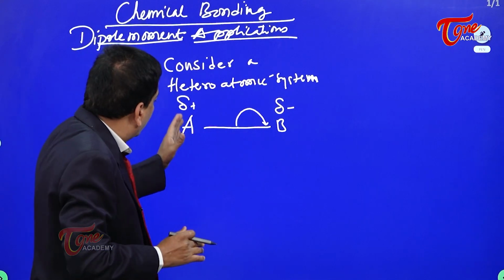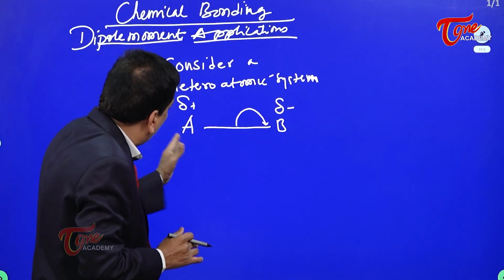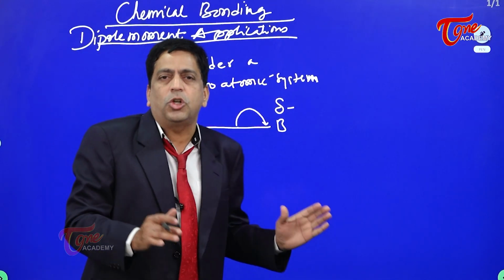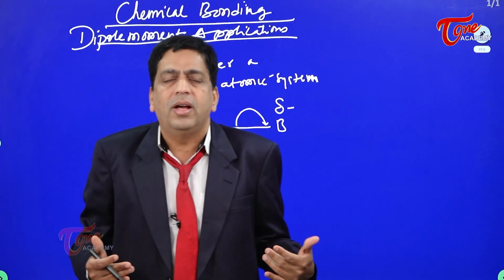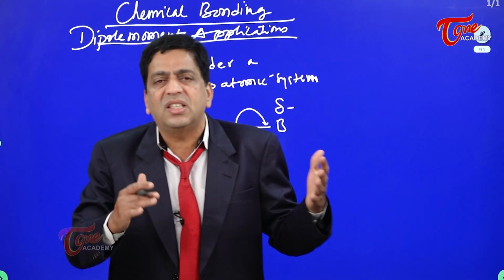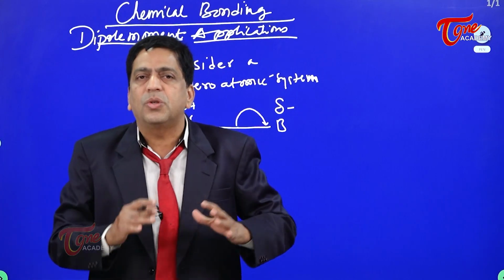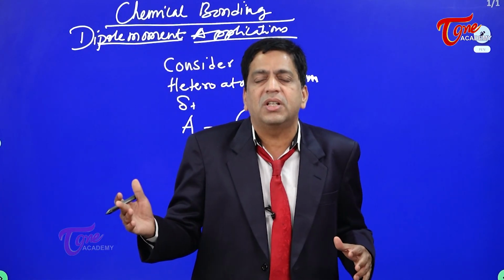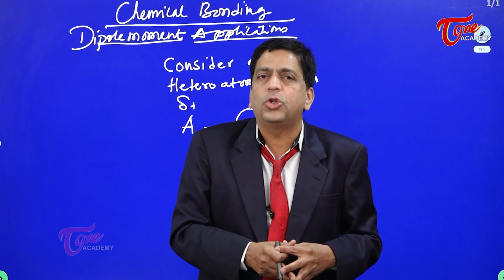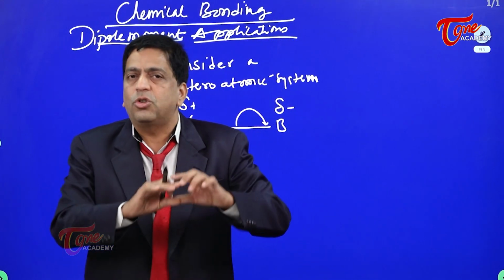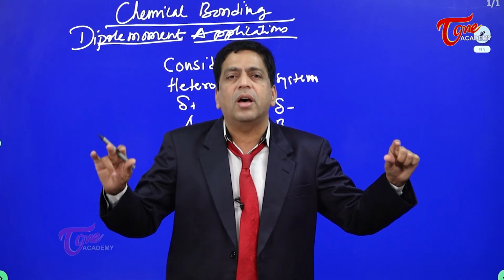That means that the electrons of A are not leaving its shell, and B is absolutely not gaining any electron. There is only a shift of these electrons towards B because B has greater electronegativity, and this unequal sharing is called polarity, and such a covalent bond is called polar covalent bond.